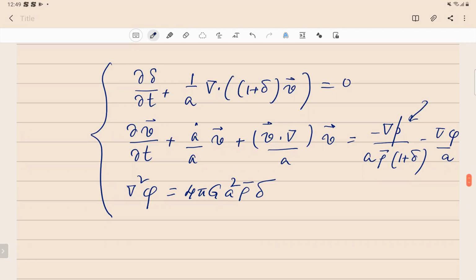So that's the standard prescription. You don't have to linearize it or do anything. Start with these nonlinear equations which depict the evolution of density fluctuations, velocity fluctuations and potential fluctuations in the Newtonian limit of small scale fluctuations. So there is no linearization yet.